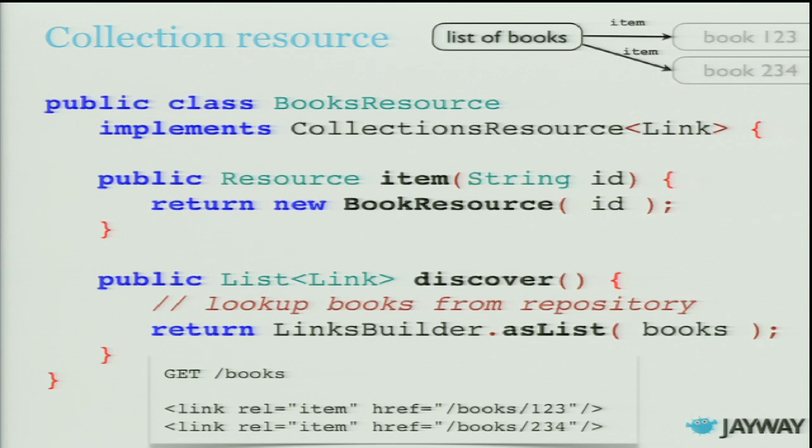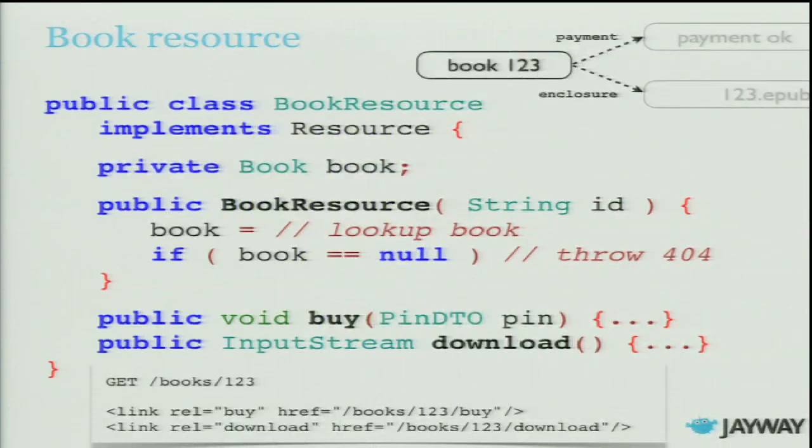Okay, so the book resource, the final one, is just a resource, and it has a constructor now because it needs to know the ID of the specific book. And again, we've commented out the actual code because it's not relevant here, but you do some kind of lookup from the repository based on the ID, and if the book is not found, you throw a 404, meaning not found, something like that.